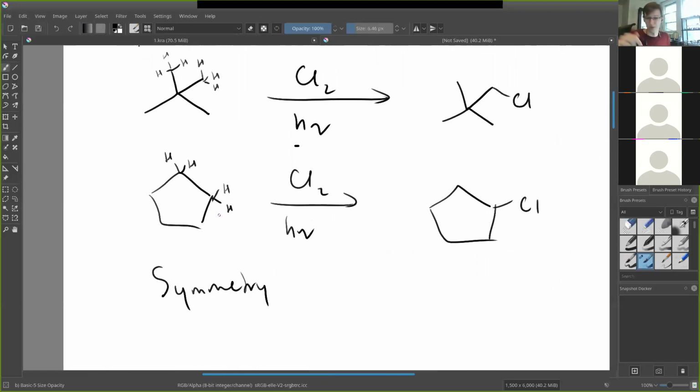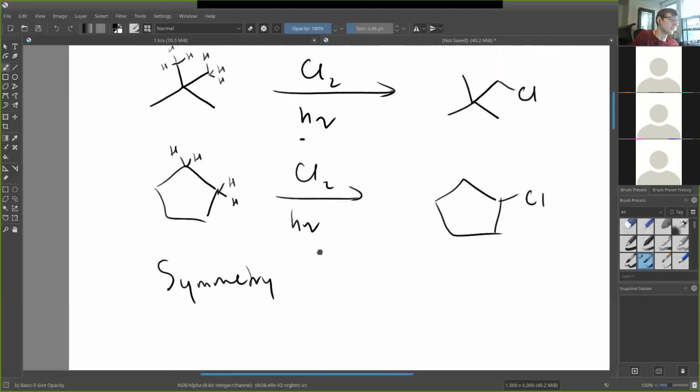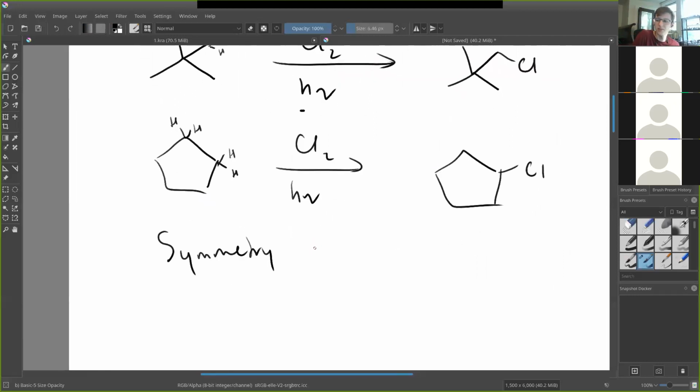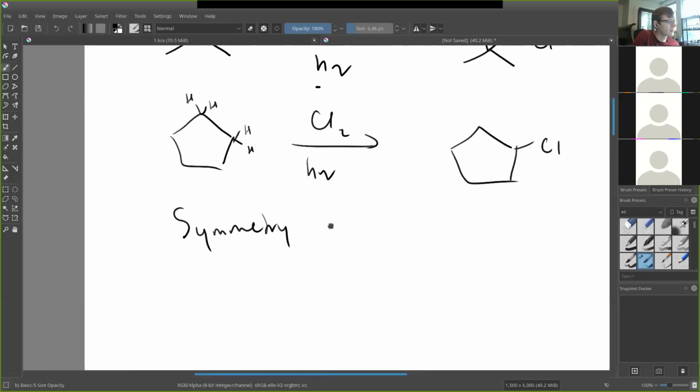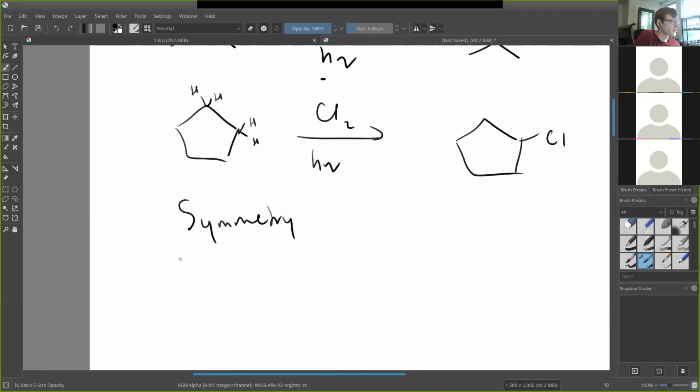We can rotate the molecule and move all the hydrogens to the same place. So in some sense, there's symmetry. There's sort of another idea at play here. There's also this idea of hydrogen environments, right? And this is not a term that you've heard yet, so don't worry about it too much.